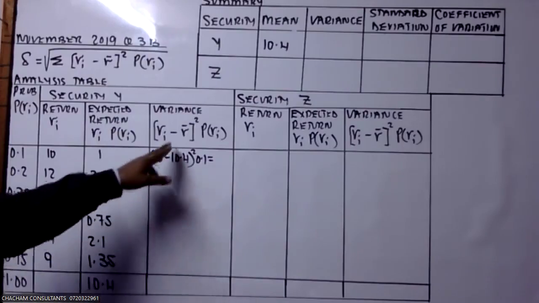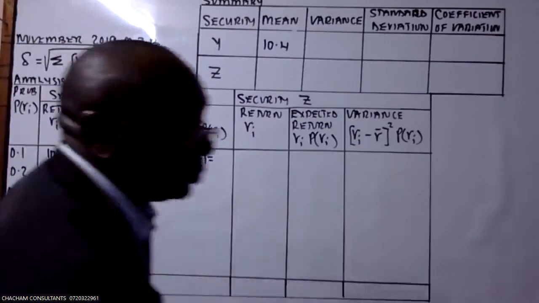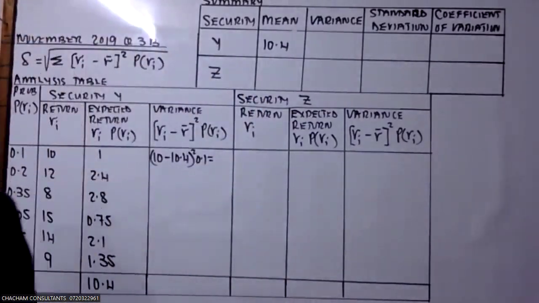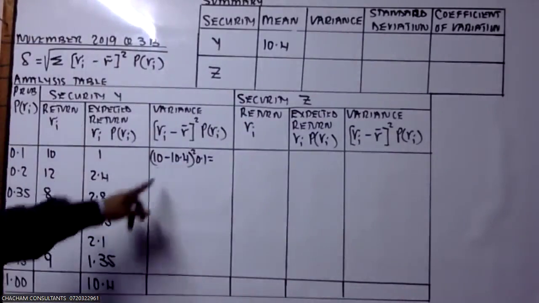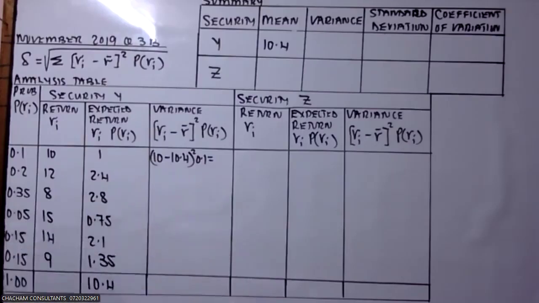We have already written the formula here, so there is no need of a lot of duplication. So this minus this, you square, what you get, you multiply by 0.1. 0.016.